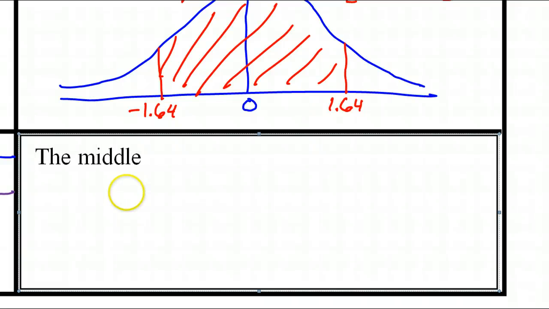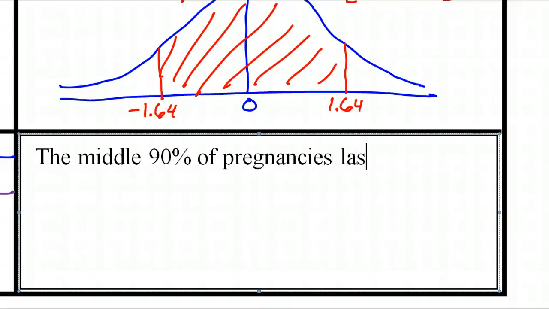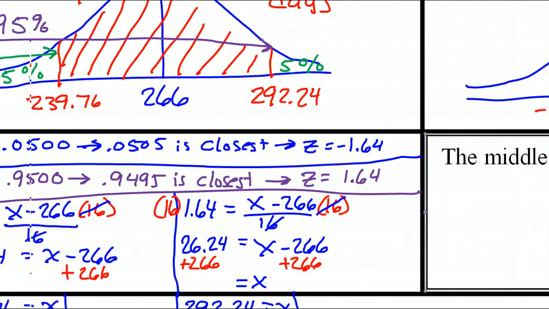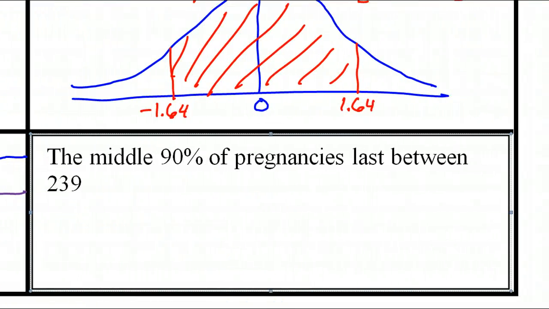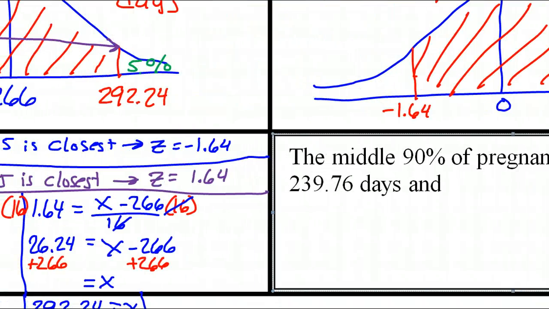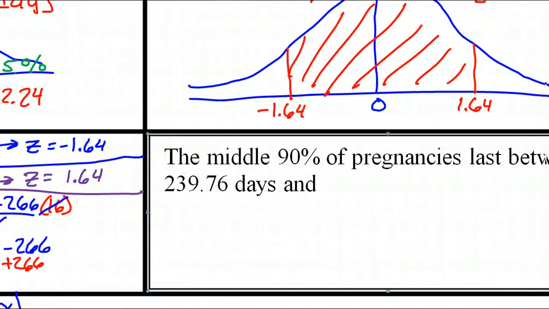The middle 90% of pregnancies last between, let's see, what did we decide? 239.76 days and 292.24 days.